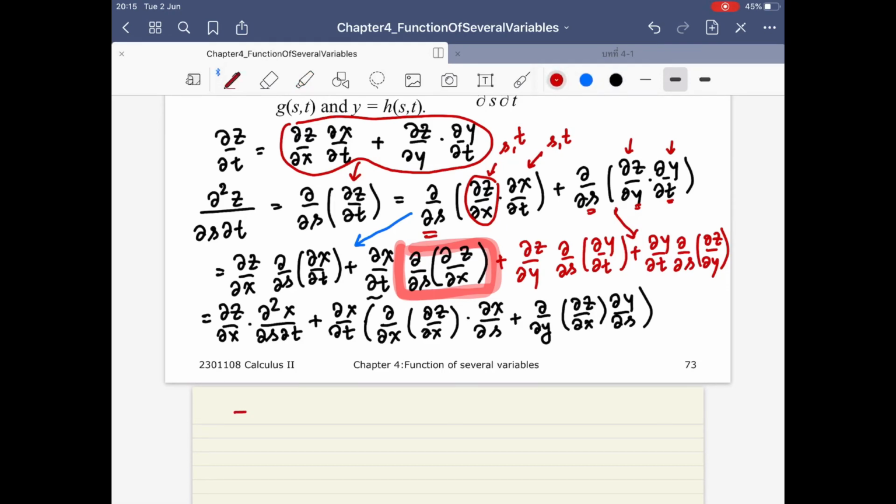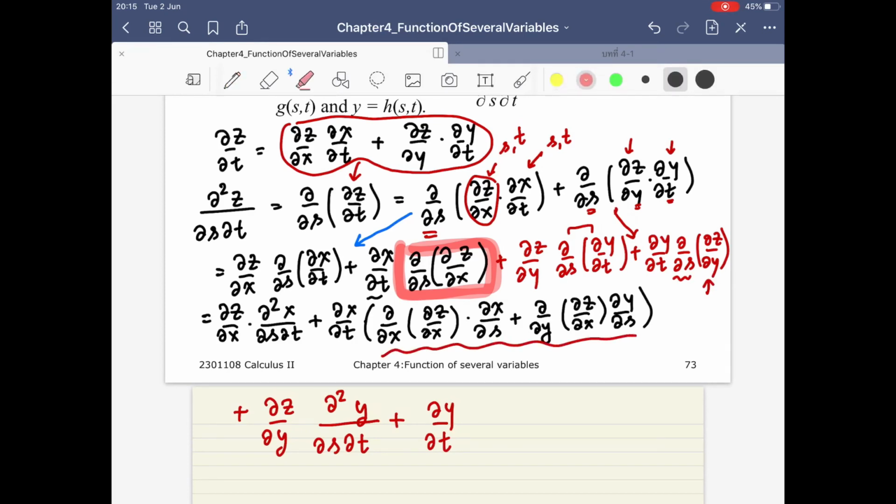Now let's continue further for the following. This one again, your s and your t are the same level of variable, so you can just go ahead and combine d2y ds dt. But if you look at the last one again, this one is a function of x and y and a derivative with respect to s, so you are going to use the chain rule. Let me highlight it with green.